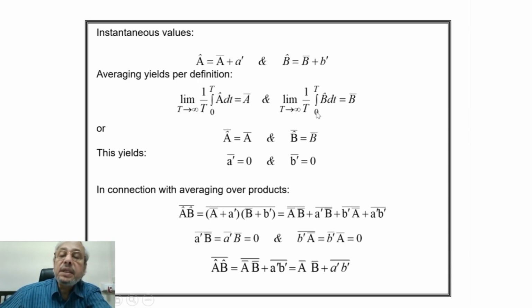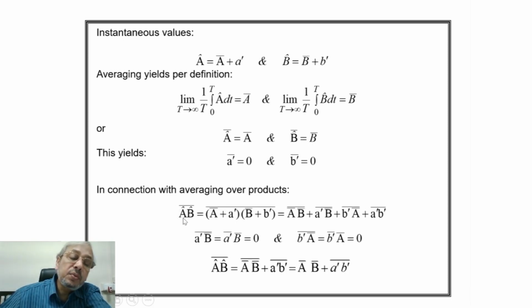Similarly 1 by T integral 0 to T of B hat dt is B bar. So that means A hat bar is A bar, B hat bar is B bar, which means A prime bar is 0 and B prime bar is 0. So the time average of fluctuations is 0. The time average of B fluctuations is also 0.